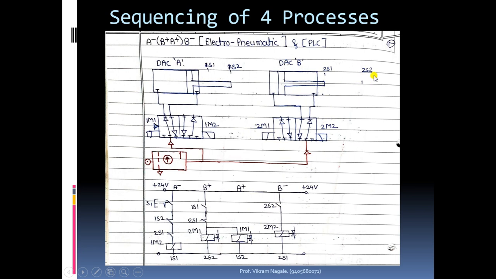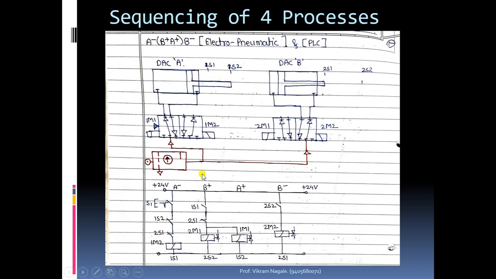The rod end will leave the 2s2 position, and this 2s2 limit switch will get unpressed, means it will open, and the 2m2 coil will be de-energized, means the pressure on this right side will be released. At the end of the third task, 2s1 will get pressed and closed.